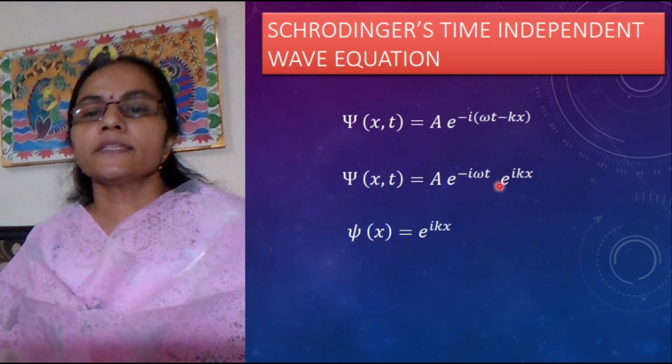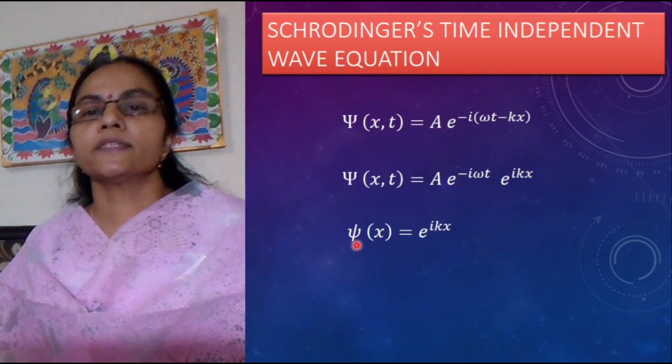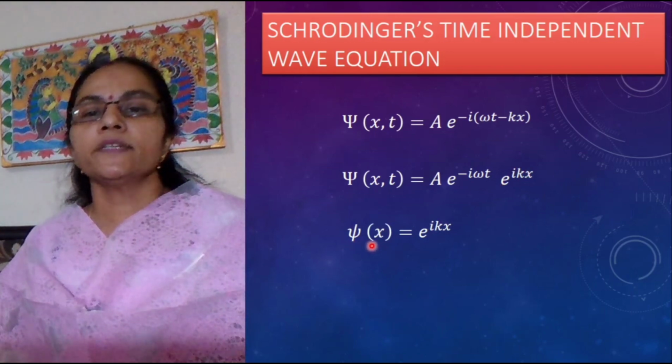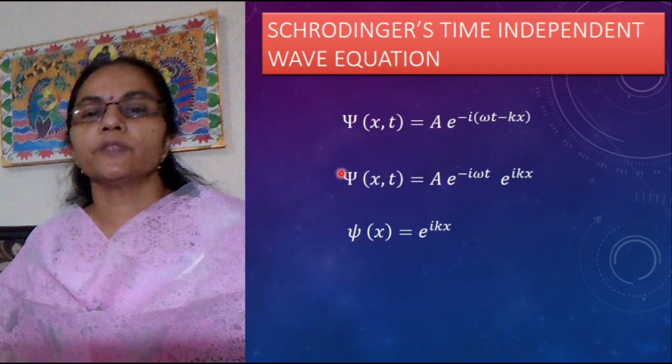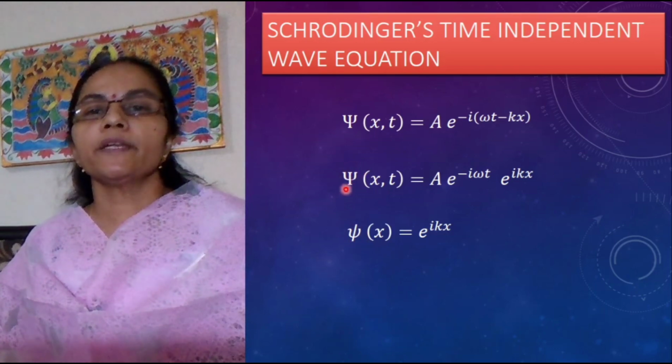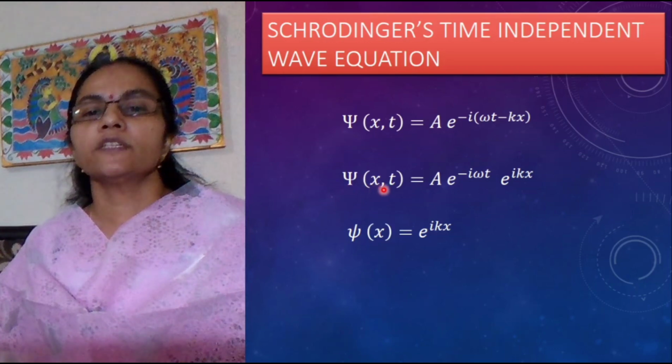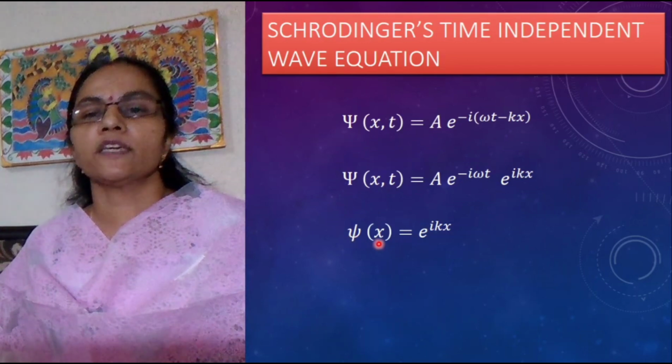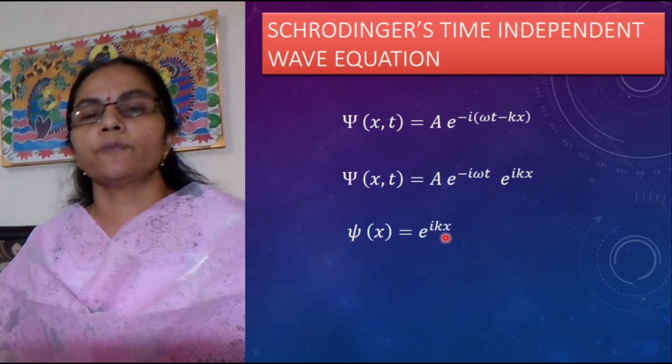And this e to the power i kx I have taken as psi of x. Just see the difference: this capital Psi is a function of x and t, and the spatial component of this wave function I have taken as small psi of x is equal to e to the power i kx.